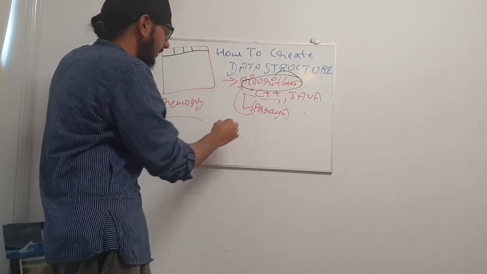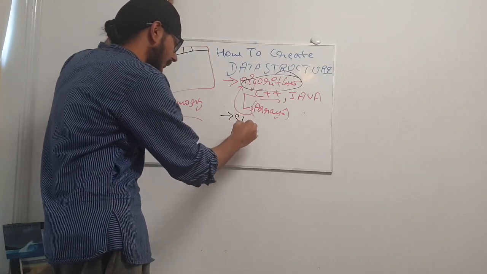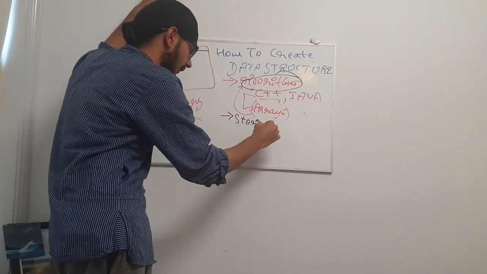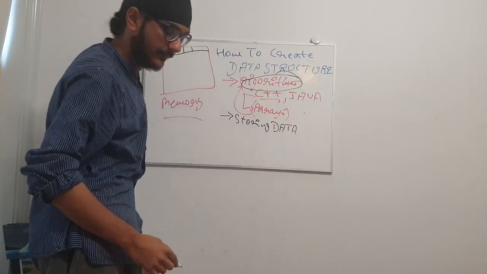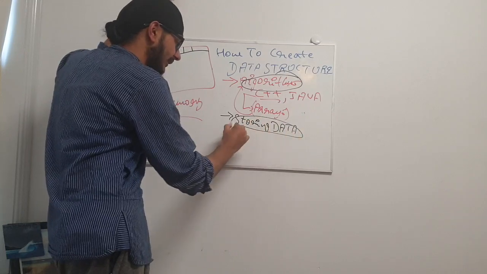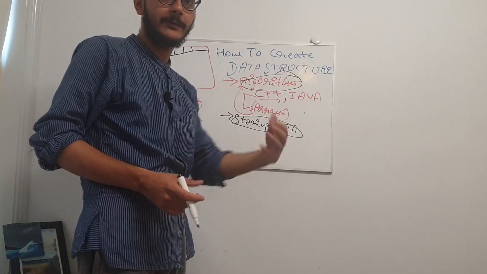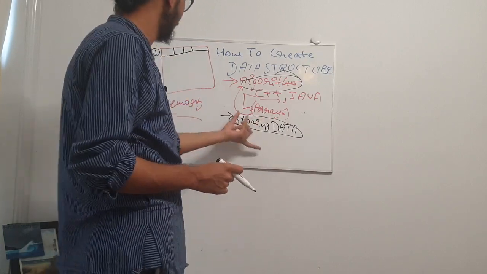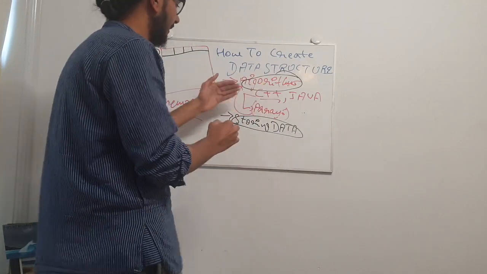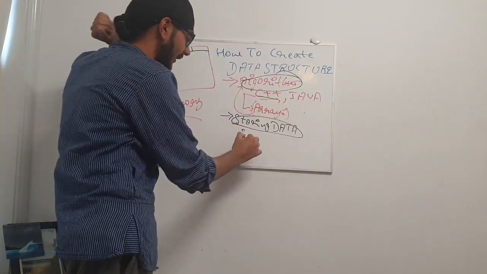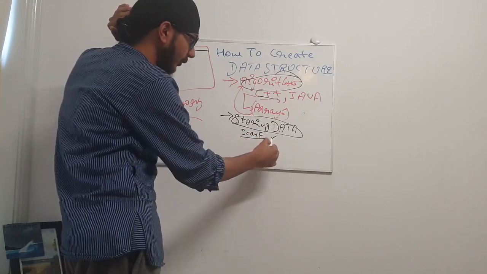Now the next question that comes to mind is how we store the data. Storing data in a data structure. For that as well, there will be an algorithm, like we can use loops like for loop or while loop to store the data. Now where does the data come from? Either the data will be entered by the user, like in C++, we can use scanf to scan the inputs from the user.